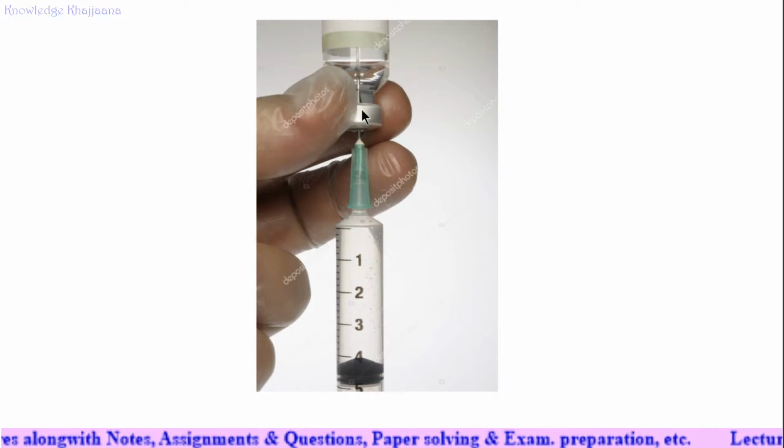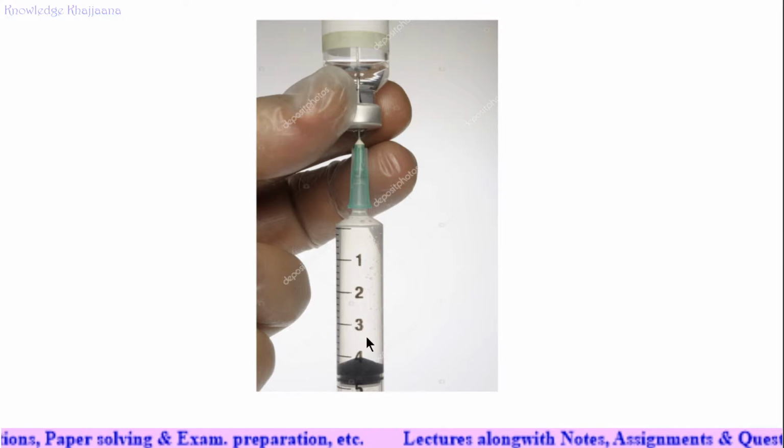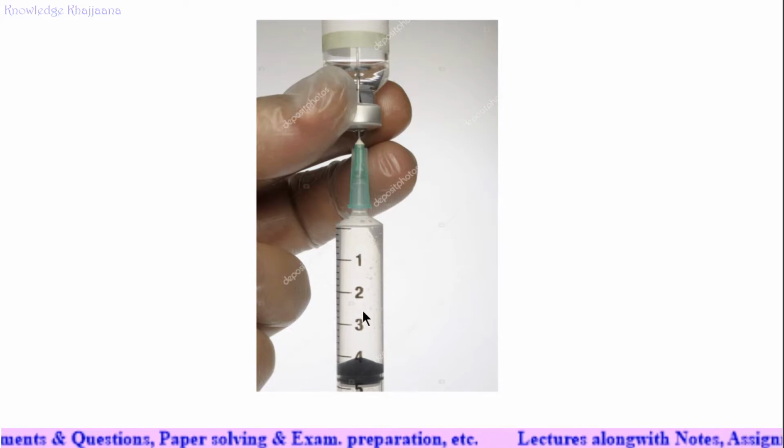Then a single drop of this medicine will make changes in the content of the vaccine, in the utility of the vaccine, right? A single extra drop will make the change in the utility of this vaccine. So this is the marginal utility.